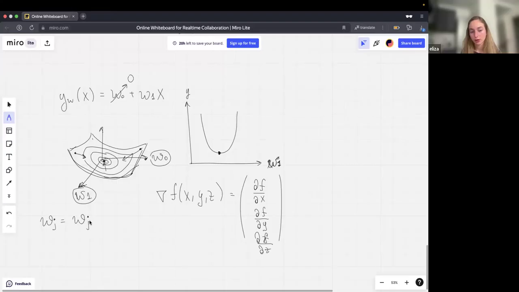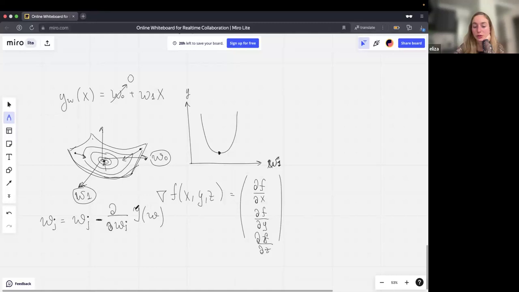We take our weight and subtract the gradient of the cost function. Why the gradient with respect to the weights?